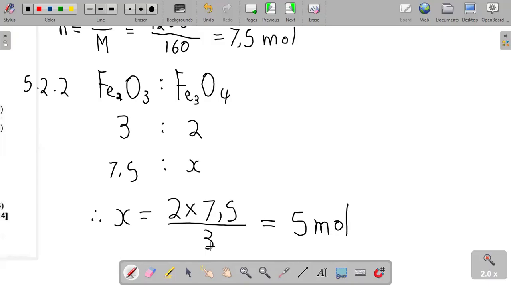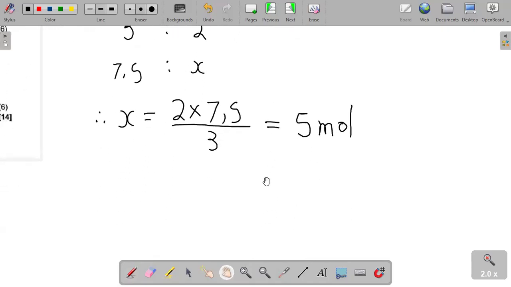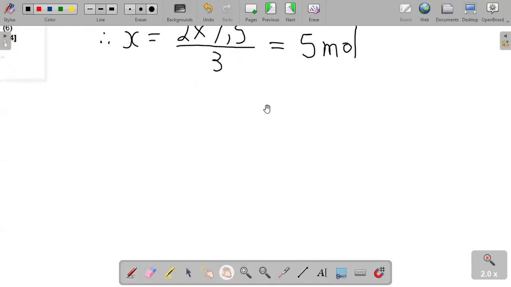And then once we have the number of moles, then we can use the formula.